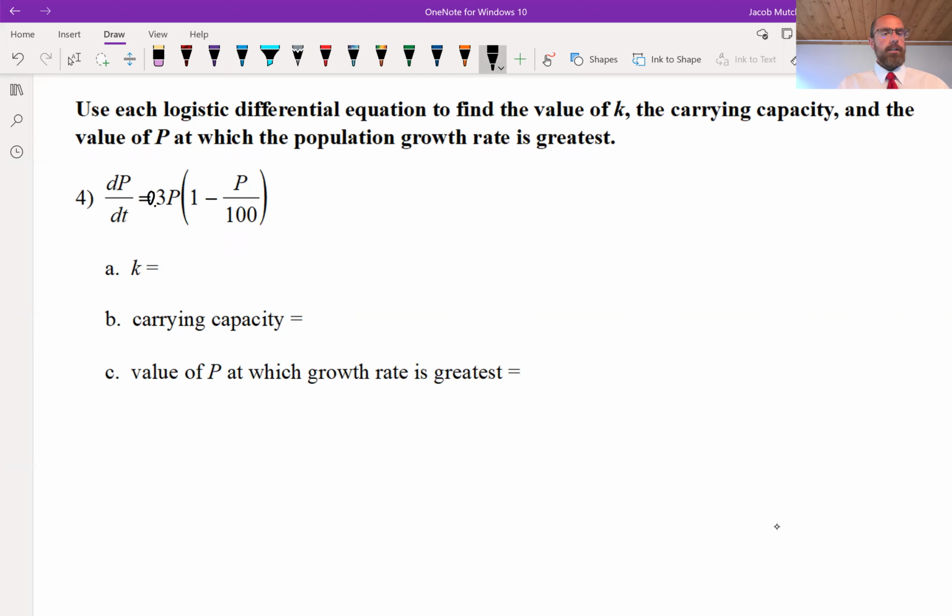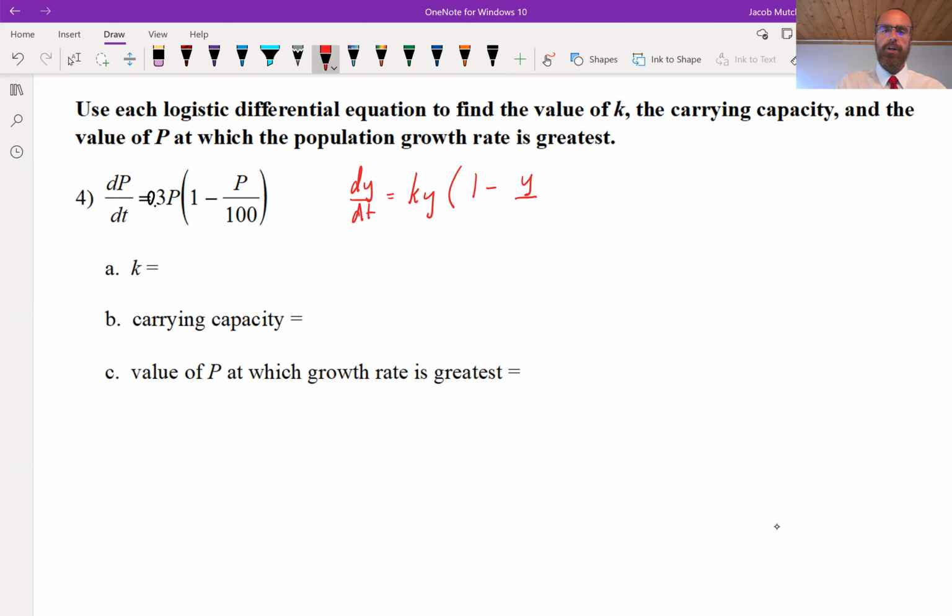So we've just looked at that template. Let's just bring it again. dy dt equals ky times 1 minus y over a. In fact, I'm mixing them up. This should be in this version y over a.